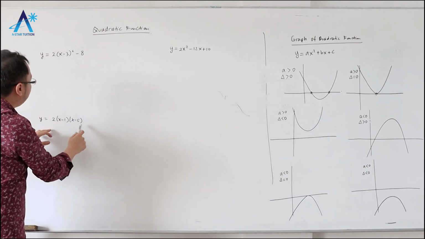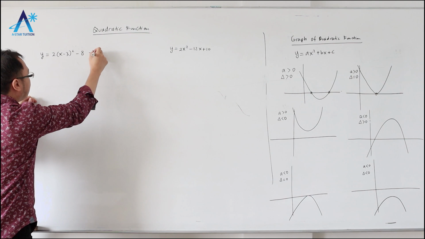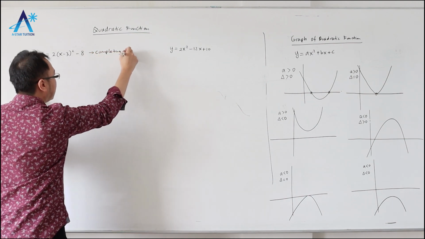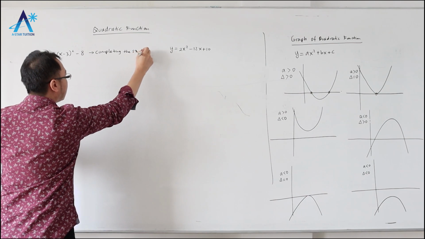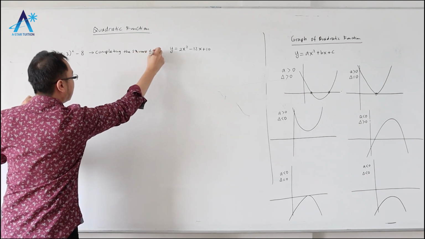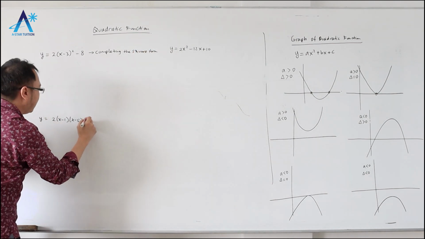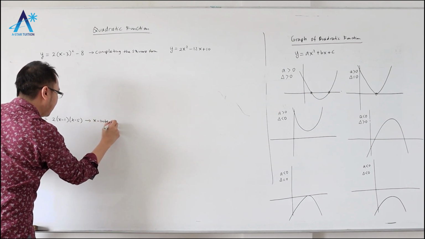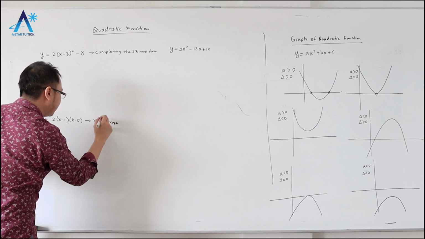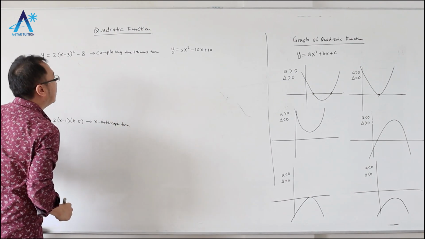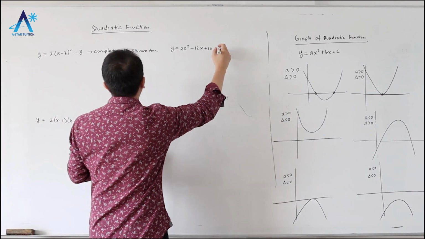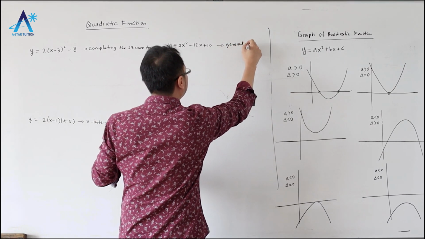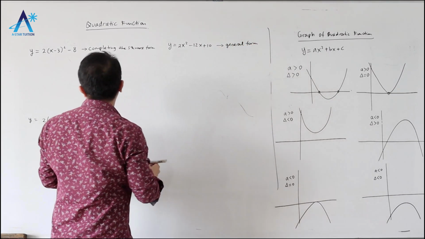The second form is called the x-intercept form, while the third form is the general form.